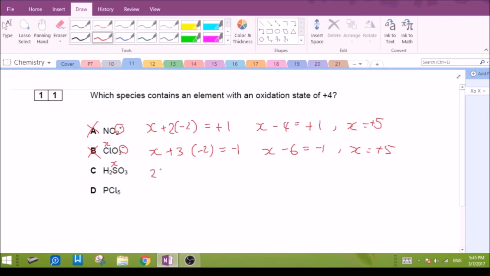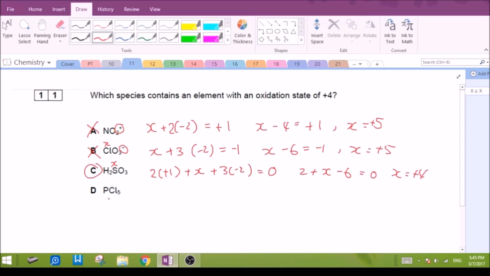Right, each hydrogen is +1, so 2 times +1 plus X, 3 oxygen, and there's no overall charge, so the sum of the oxidation numbers is 0. And then we have an equation, solving for X, X being +4. So C is our answer.